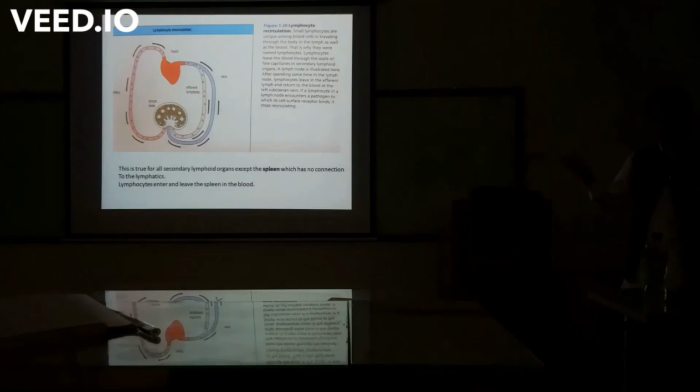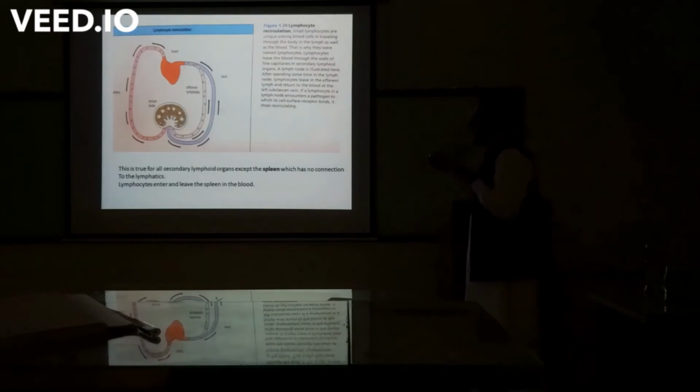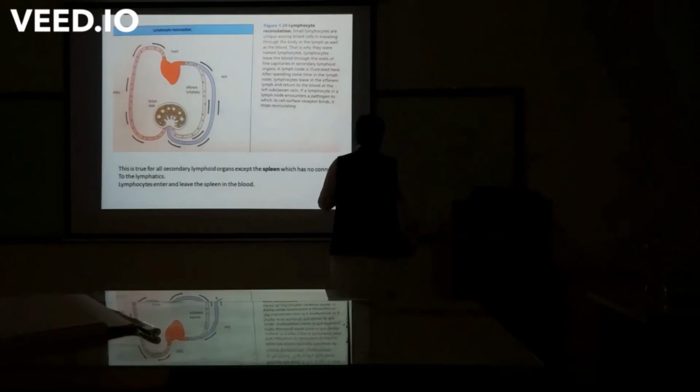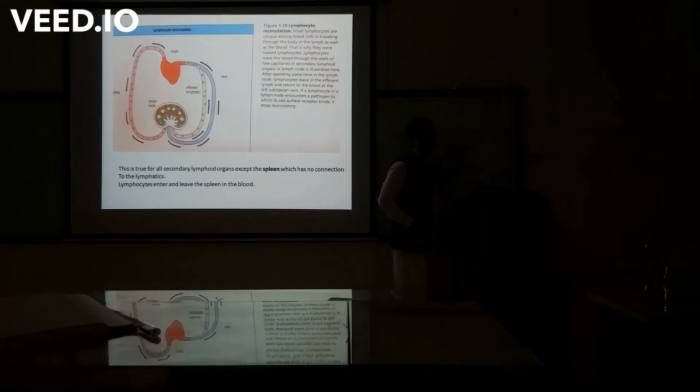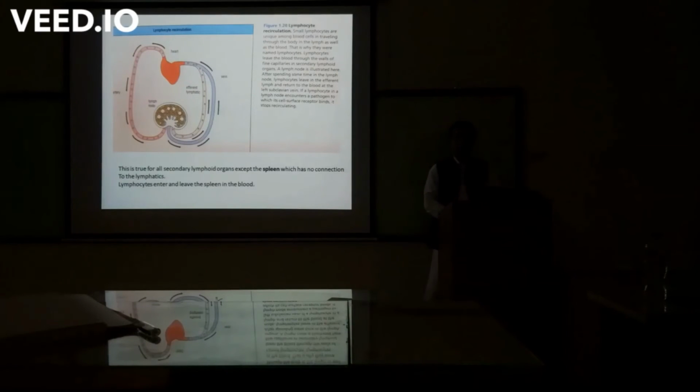The artery is taking fresh lymphocytes into the spleen, and the veins are going to take the lymphocytes out of the spleen. Okay, and the lymphocytes which again would encounter some kind of pathogen inside the spleen would stay there, but other lymphocytes would be coming out of the spleen. And these lymphocytes again in other secondary lymphoid organs can be drained into the lymphatic system.